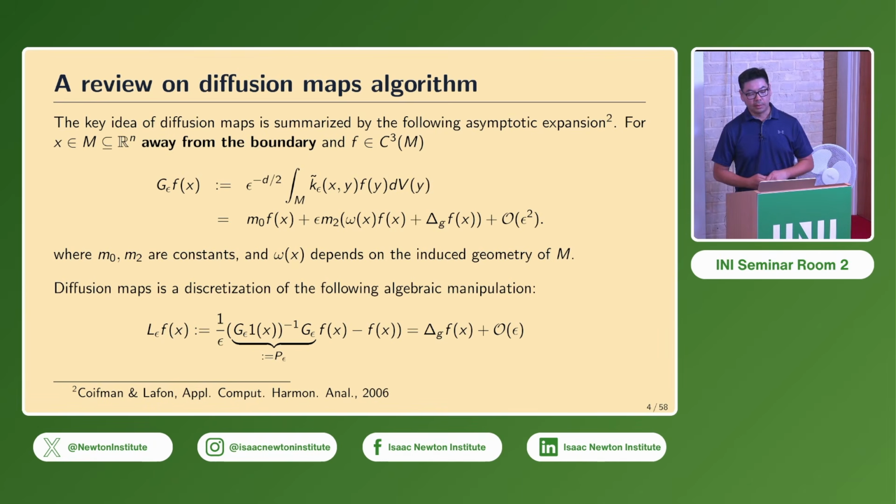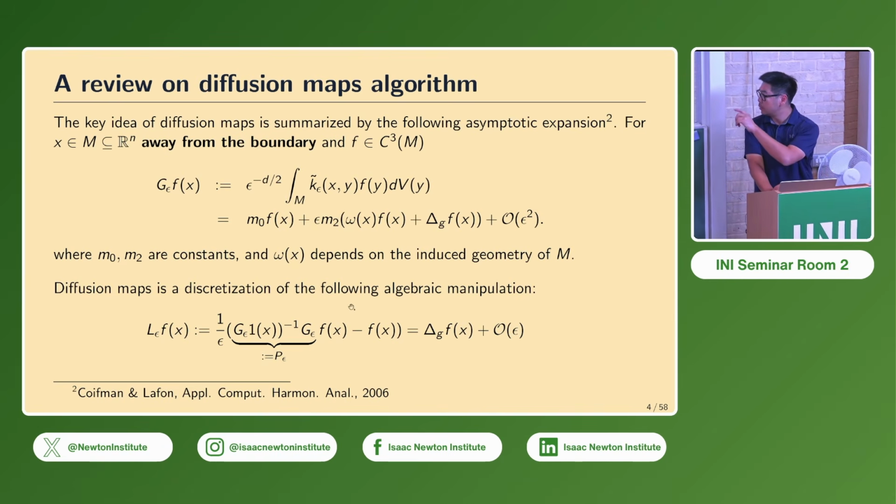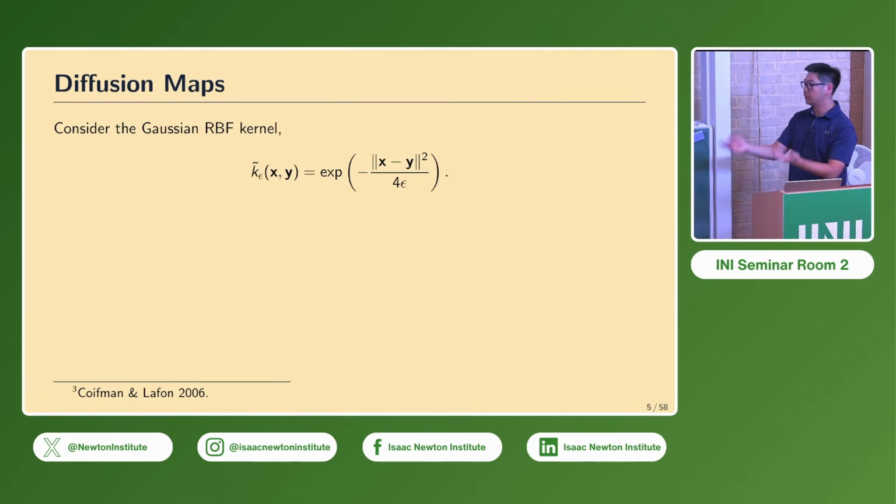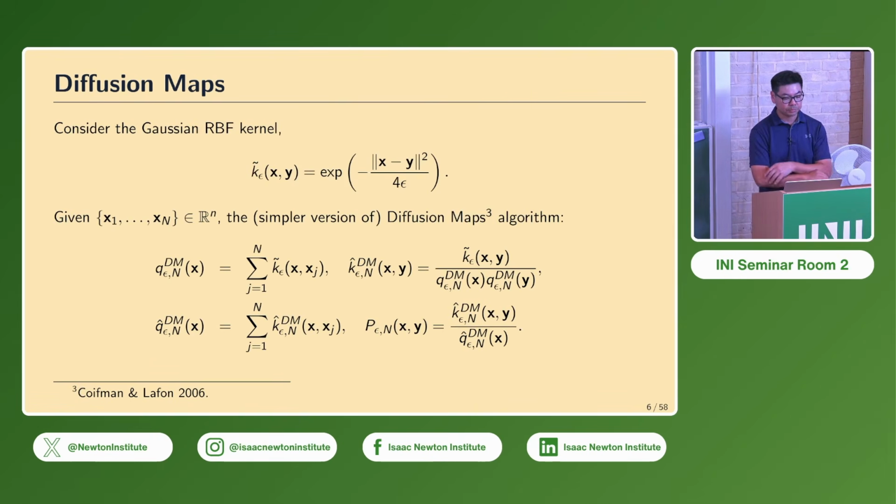Now, diffusion maps is basically a discretization that capitalizes on this algebraic manipulation. So how do we do this? You start with this kernel. You are given a data set in R^n. So it's just a simpler version.